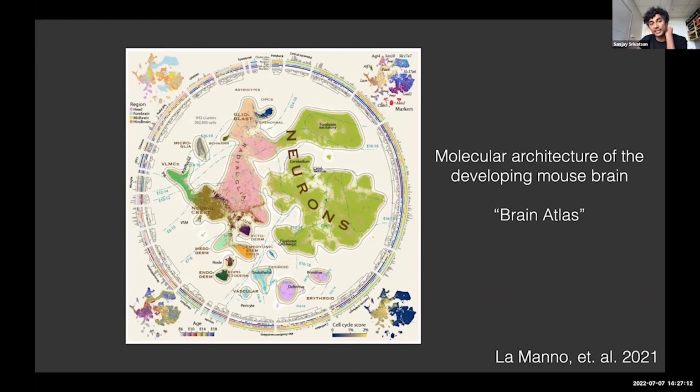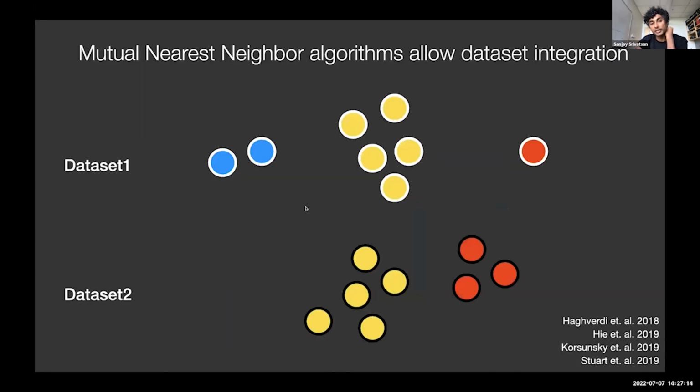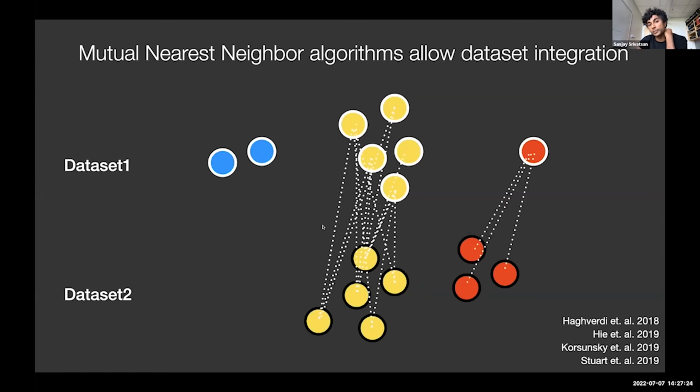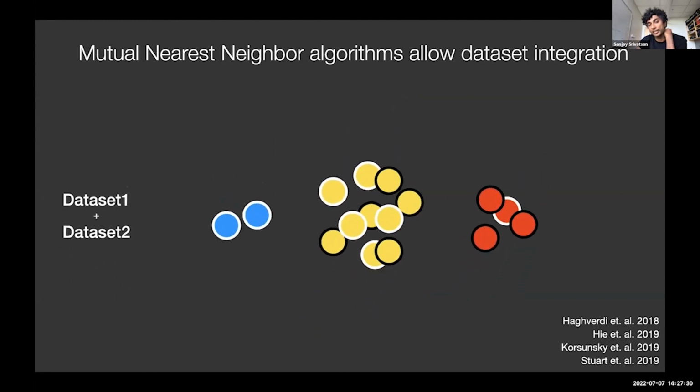So this is an atlas of brain development in the mouse, and we integrated these two data sets. Effectively, we look across the two data sets, find gene expression that is similar amongst them, and calculate a new embedding that brings the two data sets together. By doing that, we can transfer labels from one data set to another.